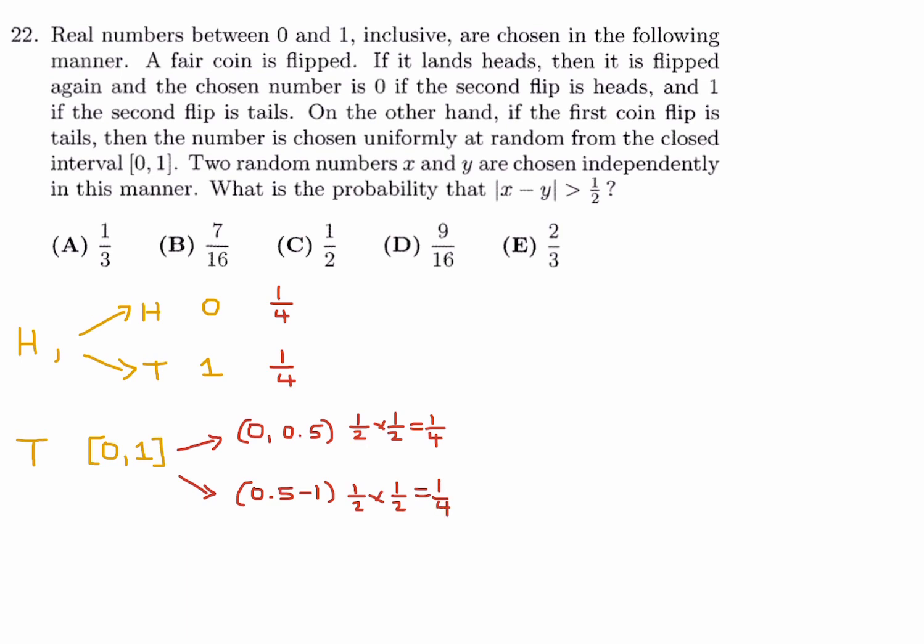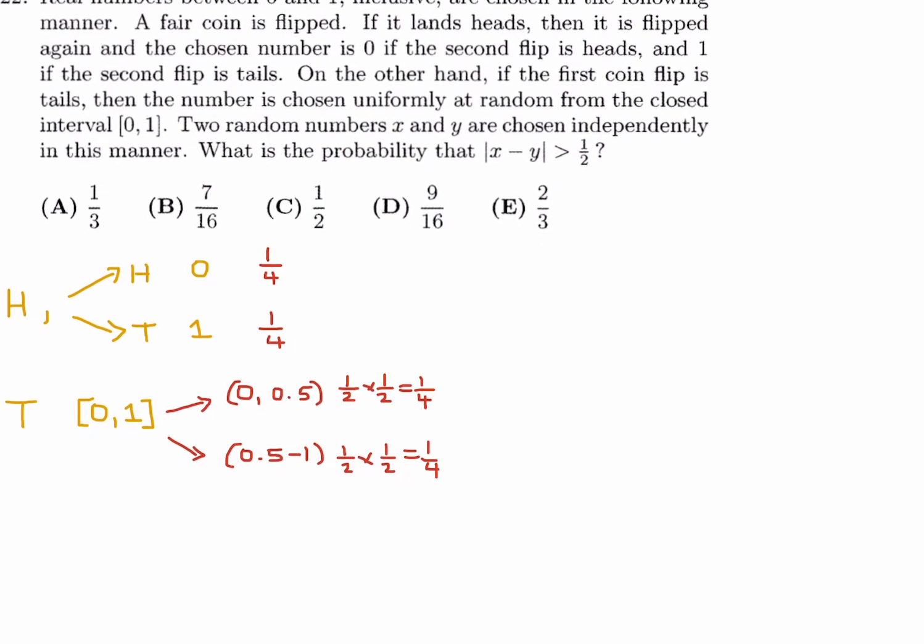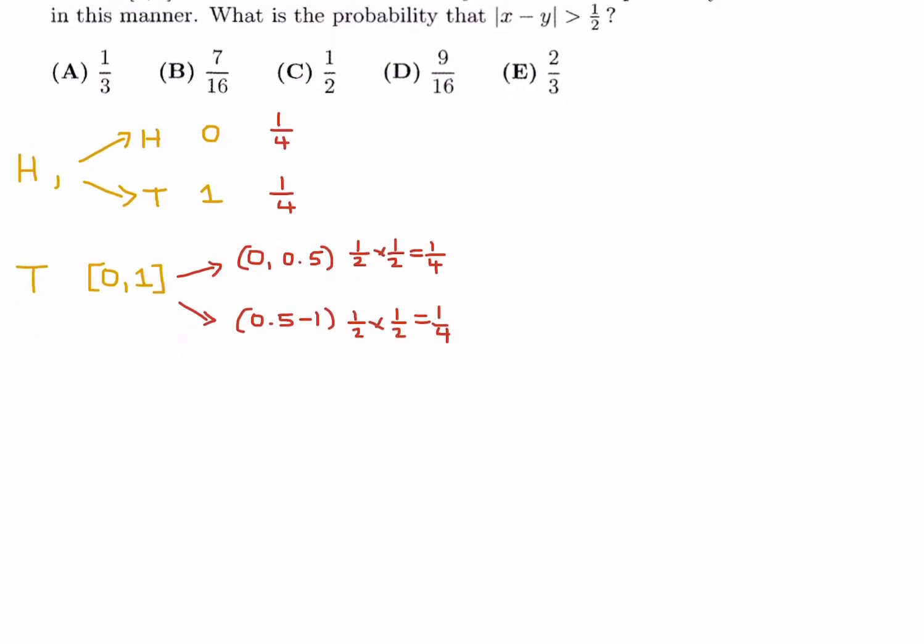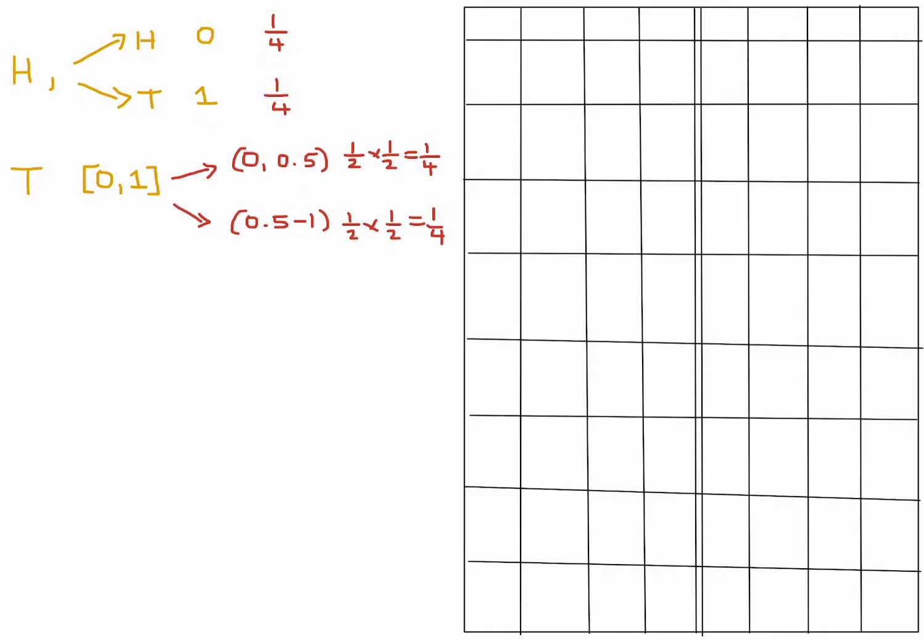So now what we do is we make a table, and the table will help us figure out this little inequality, that the absolute value of x minus y is greater than 1/2 or not. So let's now fill in the table. We've got x, y, absolute value of x minus y, and then we have the probability that it is going to be greater than 1/2.